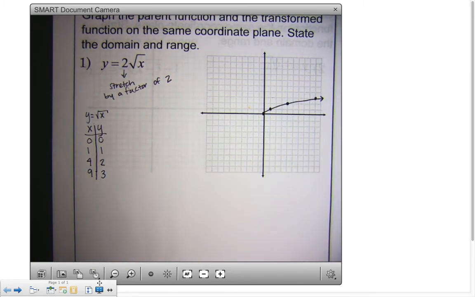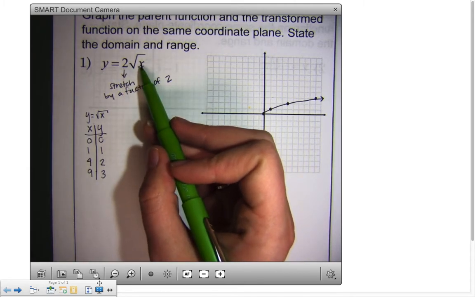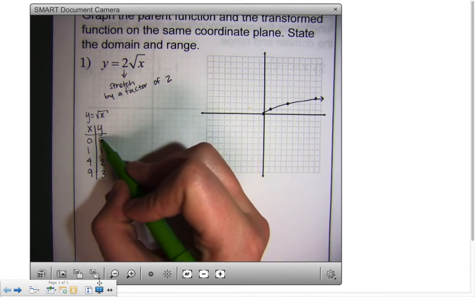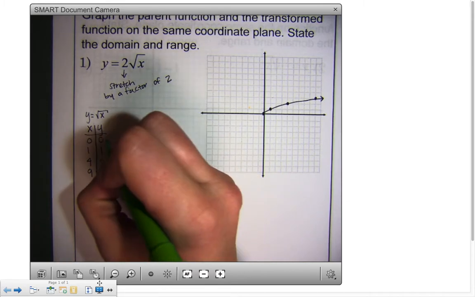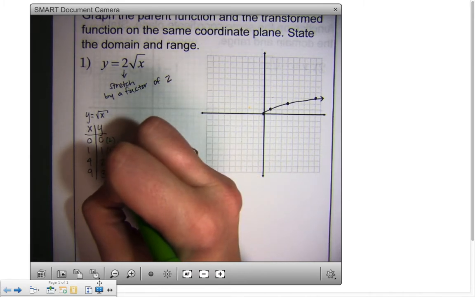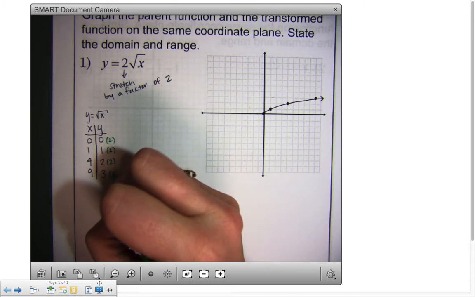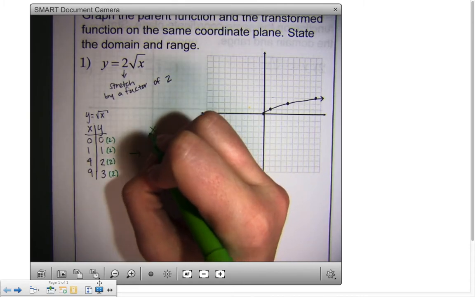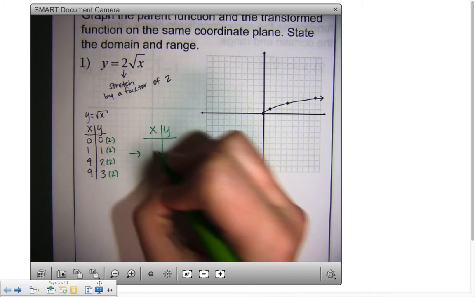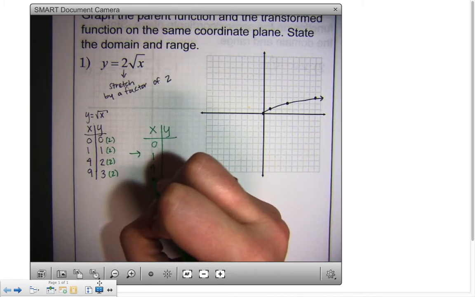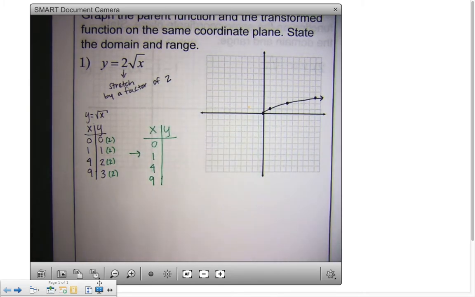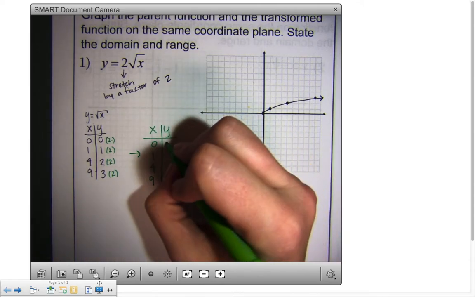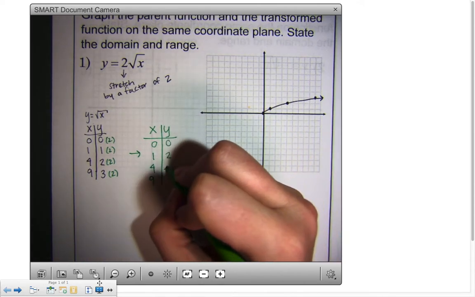So there's your original. We're going to use this table to help us find the new graph. So since I'm multiplying my function by 2, I can actually go through and multiply all of my y values by 2. And if I do that, the x values have not been affected by that a value, but the y values have all been multiplied by 2.